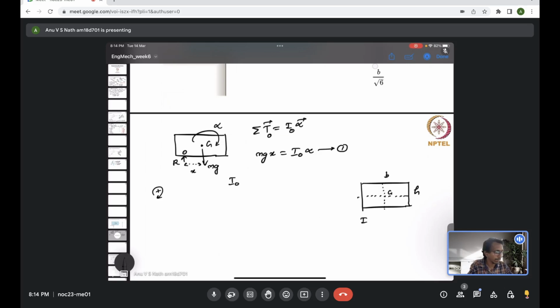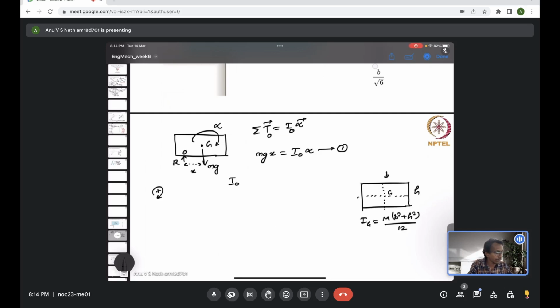So I about the center of mass G will be m times b square plus h square, divided by 12.